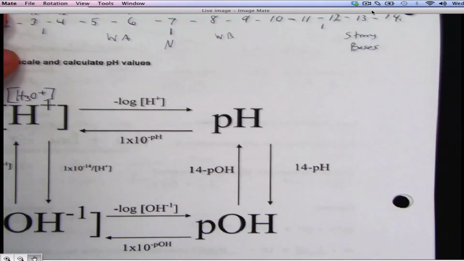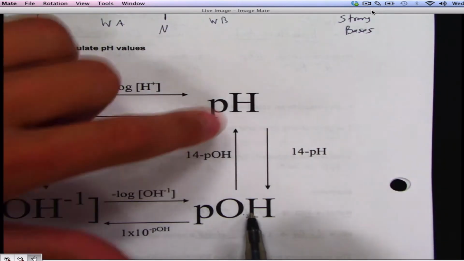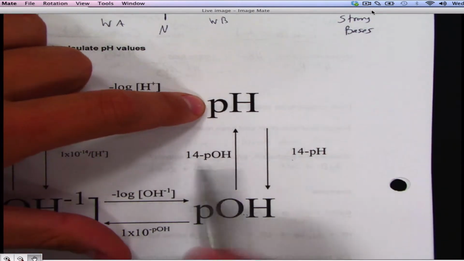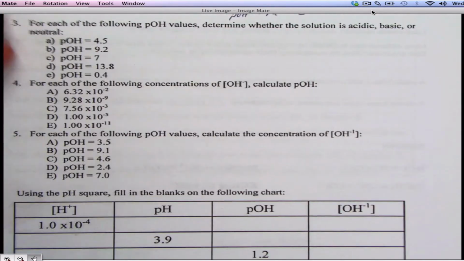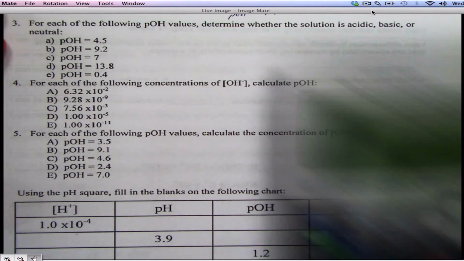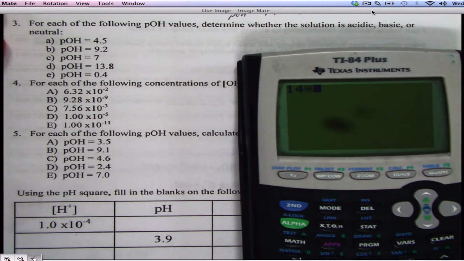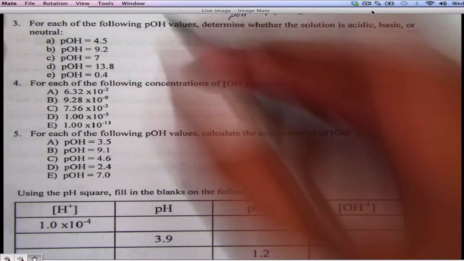So if I have my pOH, and I got to go to here, 14 minus the pOH. So 14 minus whatever number I got. And that'll tell me the pH. So 14 minus 4.5, that gives me a pH of 9.5. That's higher than 7, therefore this is a base.